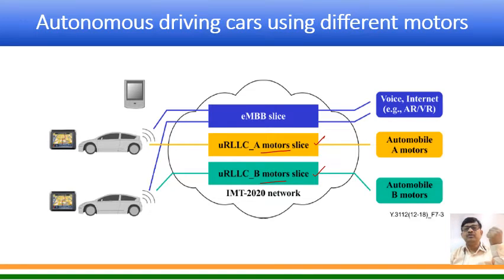So you have automobile A Motor service, automobile B Motor service, and then you have a common eMBB slice. Both brands of car get services from their manufacturers, the OEMs. In addition, these cars are also connecting to the common eMBB slice. So a very good example of the concept given by ITU.